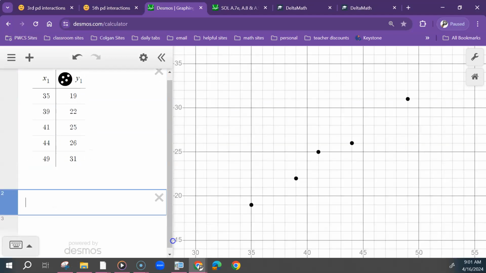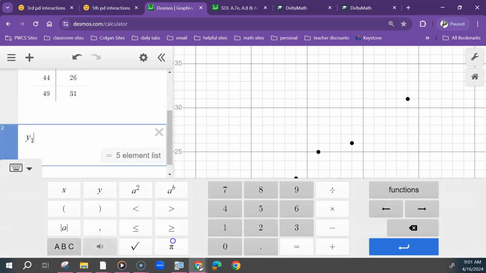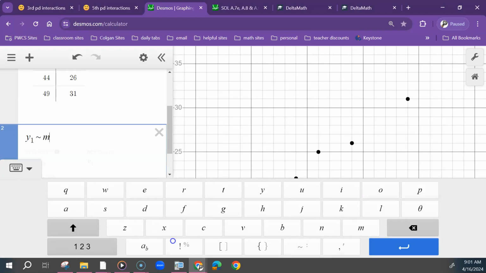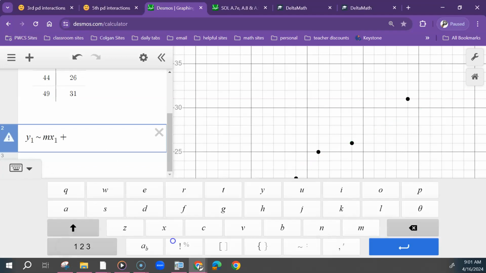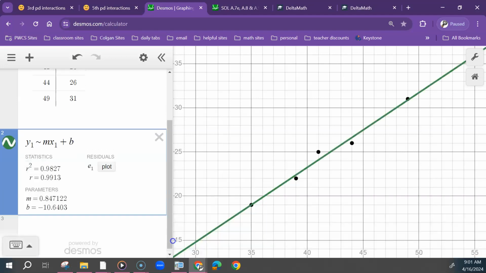And then type in your y1, the squiggly line tilde, mx1 plus b. And our line of best fit would be y equals, let's do 3 decimals, 0.847x minus 10.640.